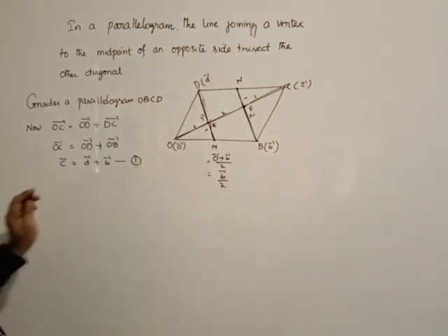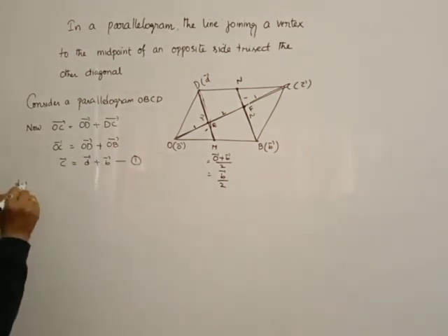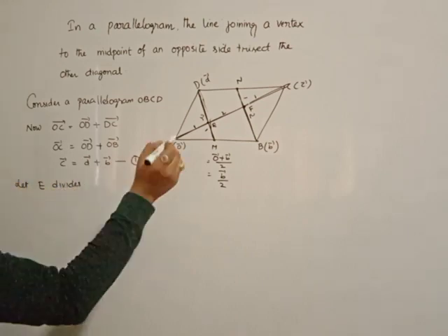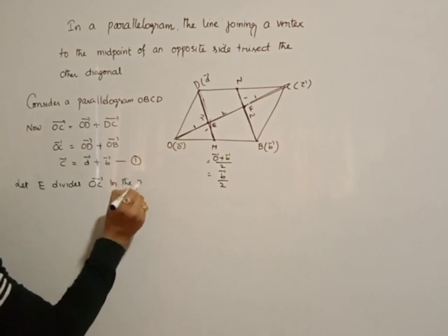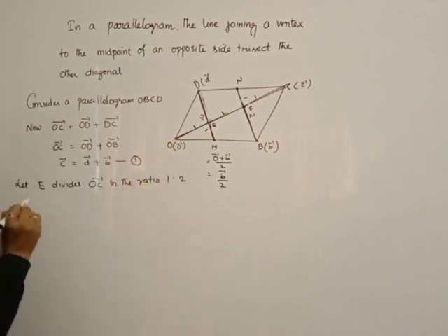Now let E divide OC bar in the ratio 1:2 internally.